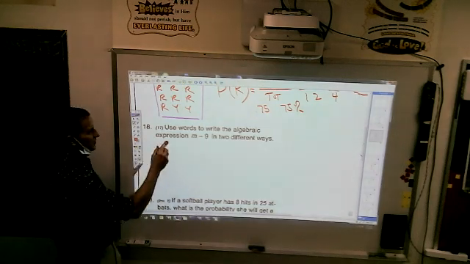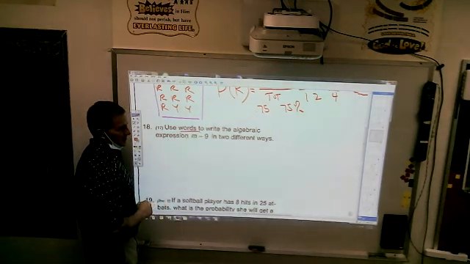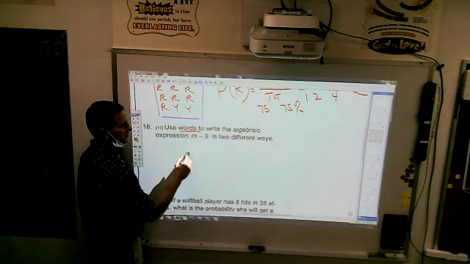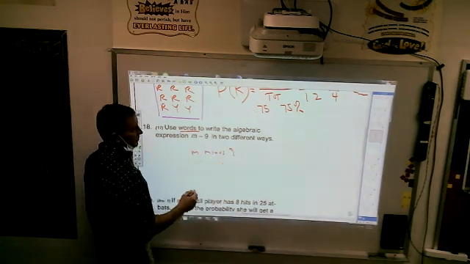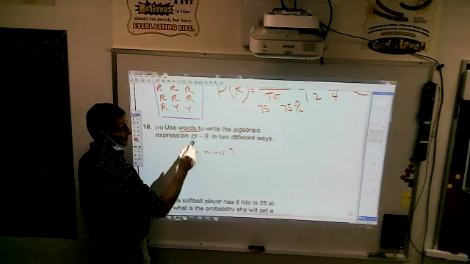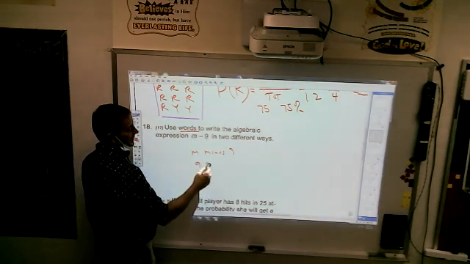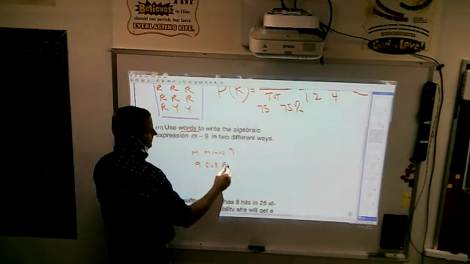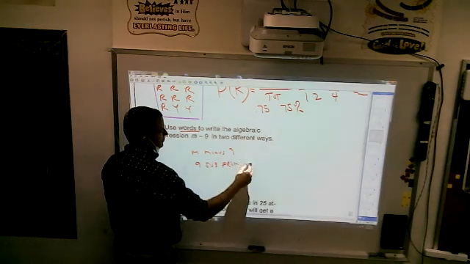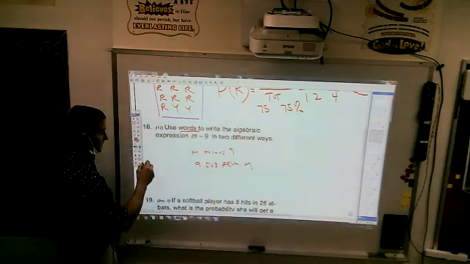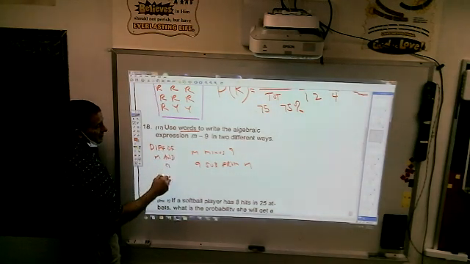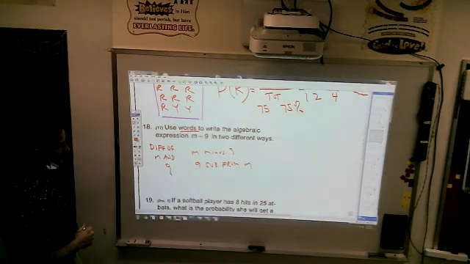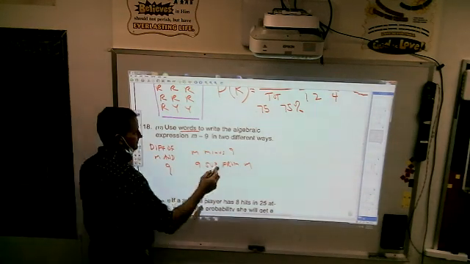Because it says to write in words. No. You could write out m minus 9, or you could write 9 is being subtracted from m, then 9 subtracted from m. You could write the difference of m and 9, or 9 less than m.